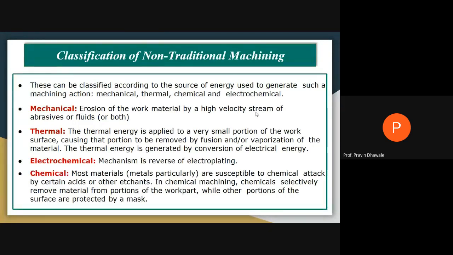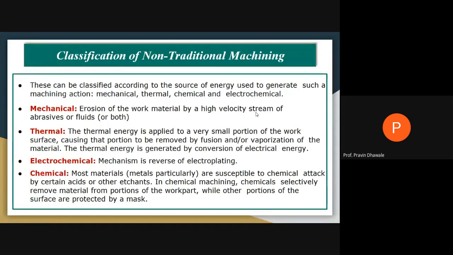When two electrodes are placed in an electrolytic solution and we apply voltage across them, the material is removed from anode to cathode or cathode to anode, in such a way that coating is formed on a workpiece or material is removed from the workpiece.